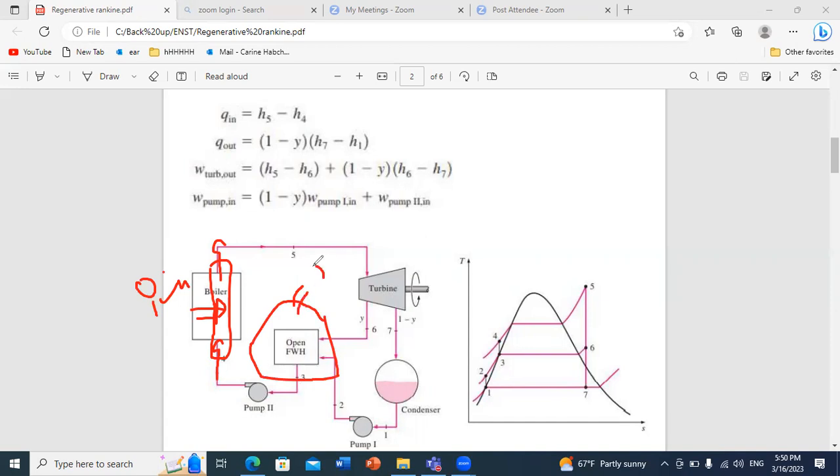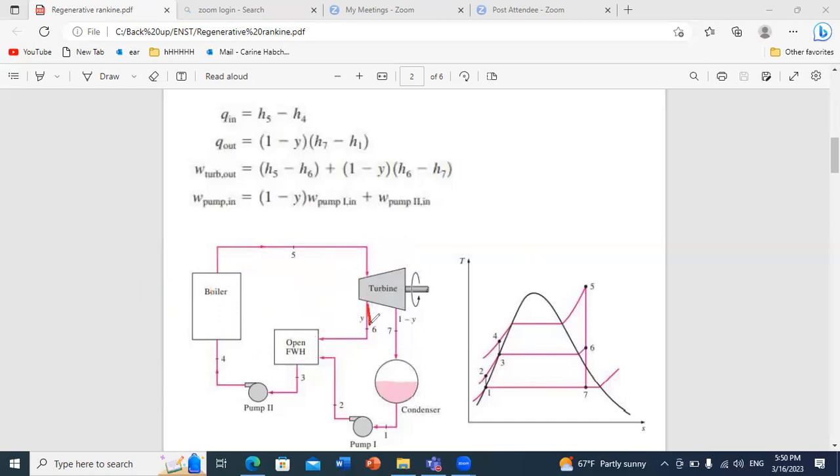You have good insulation, so Q dot with the surroundings is 0, and you don't have any work. You don't have expansion or compression. Within your heat exchanger you are mixing fluids. You have a condition at the inlet, and after mixing you get a new condition at the outlet based on conservation of energy. So here we can write that.